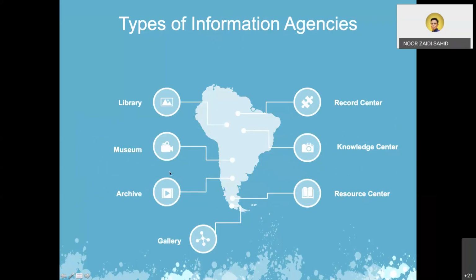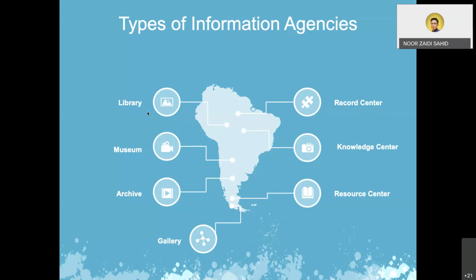Okay, there are several types of information agencies, but not limited to these seven types or seven categories. As we know, library is the longest tradition, the longest-standing institution that organizes and keeps information. And as we know, there are various types of libraries. Kita akan go through one by one.